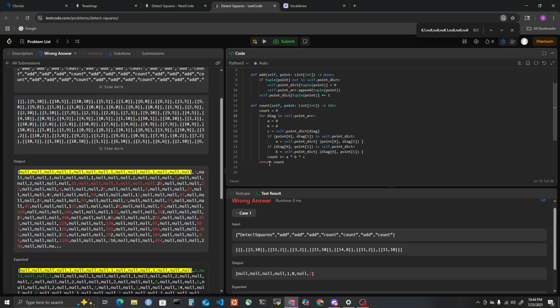So what I can do is I could say if point of 0 doesn't equal diagonal of 0, and same thing for the second point, can't equal on either side, then I can run this.